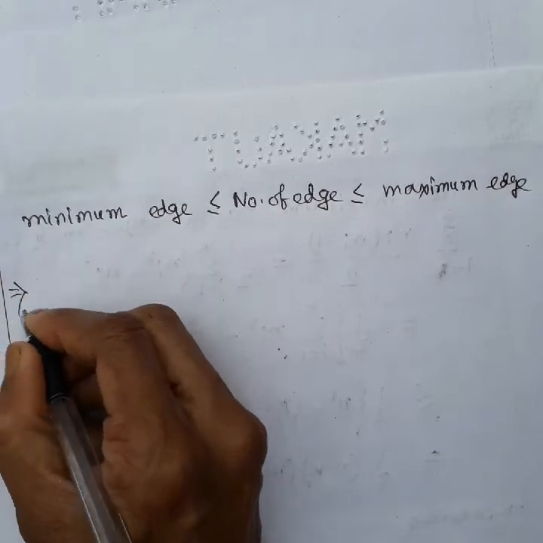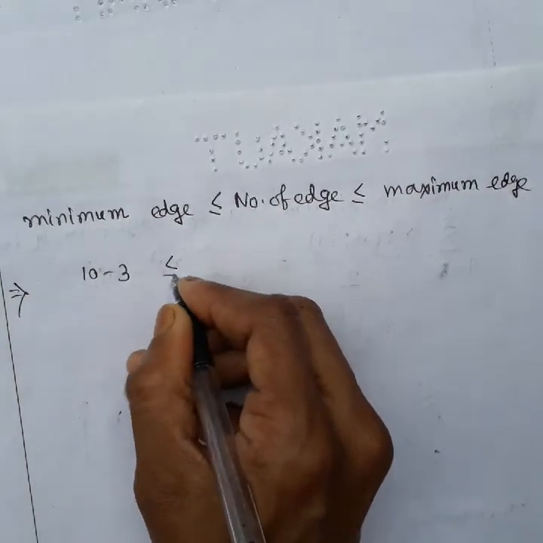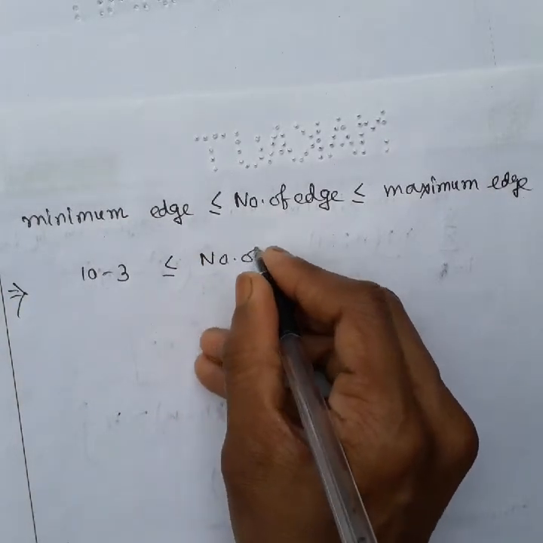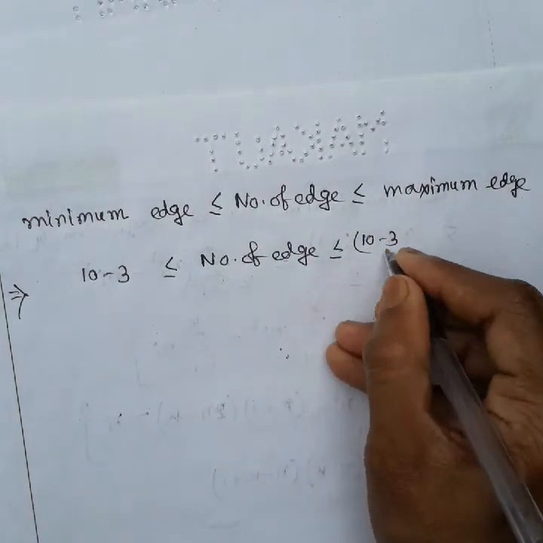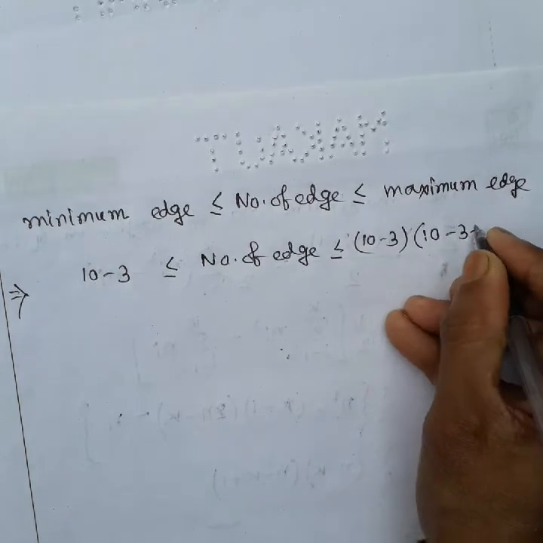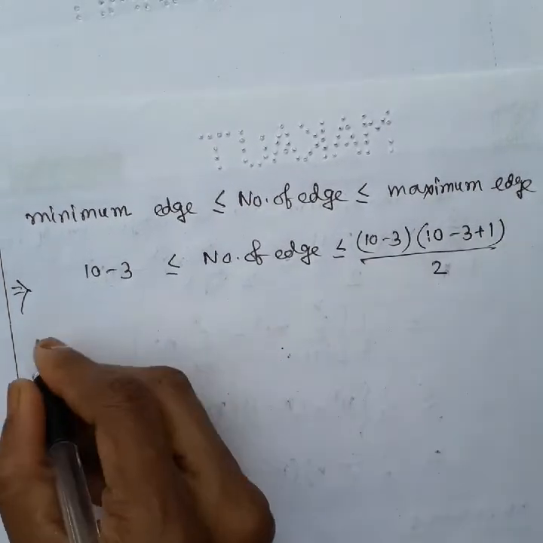So 10 minus 3 is less than or equal to number of edges is less than or equal to 10 minus 3 into 10 minus 3 plus 1 by 2.